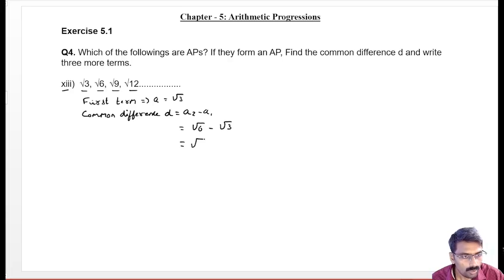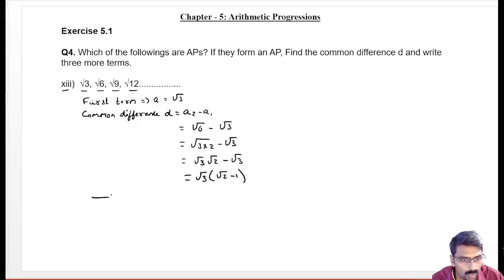So we can split root 6 into root 3 into root 2 minus root 3, and when we take root 3 as common here, it becomes root 3 into bracket root 2 minus 1.